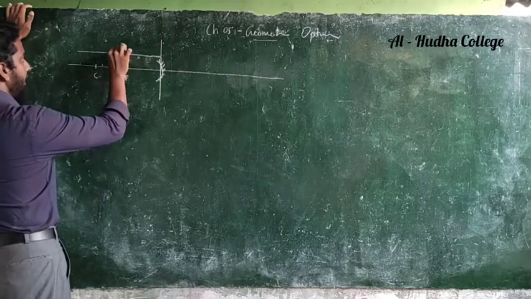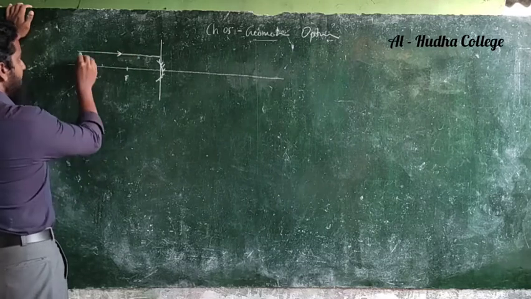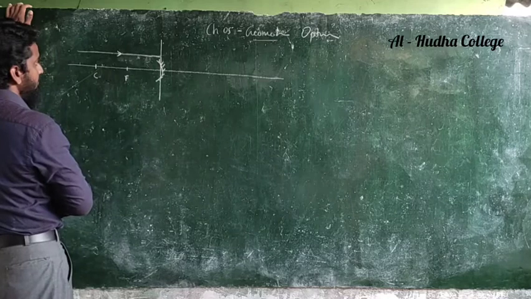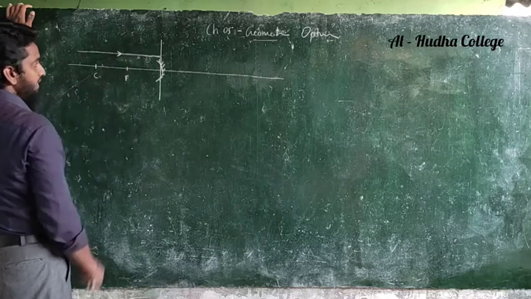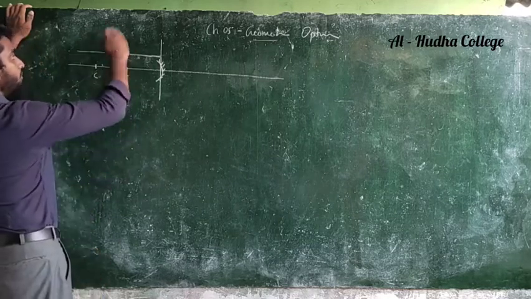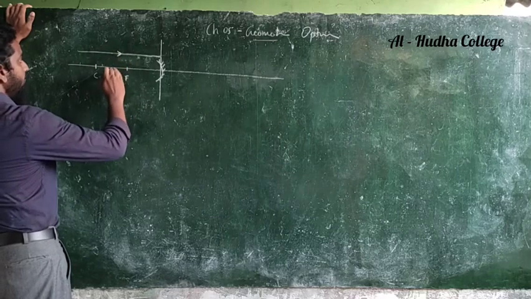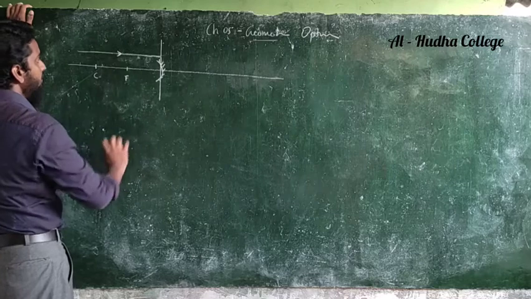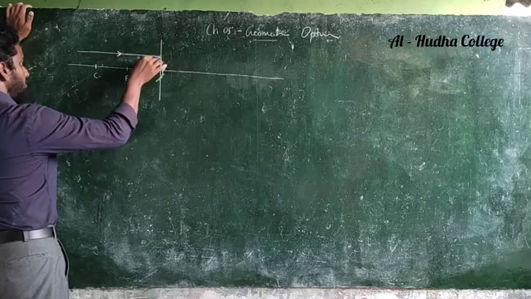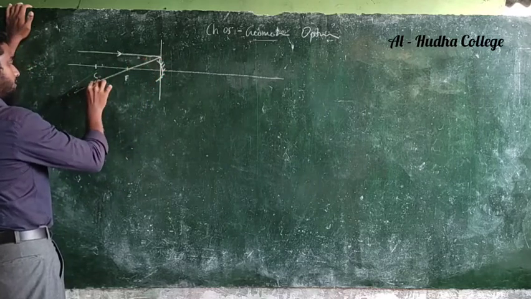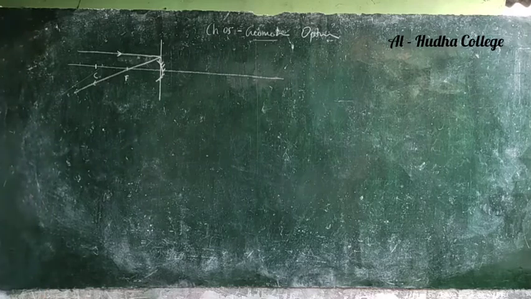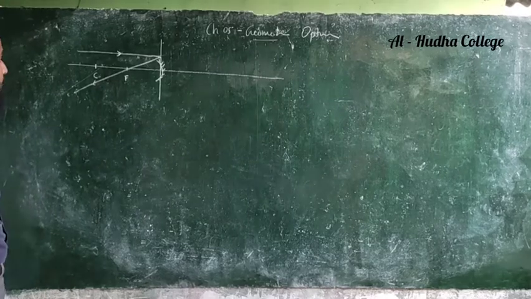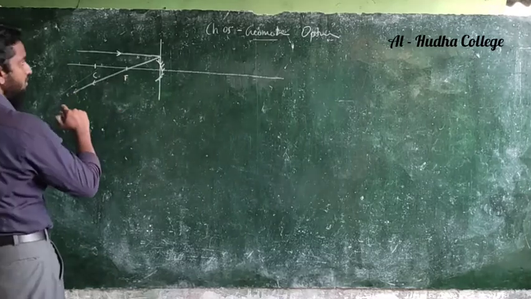A light ray which is coming parallel to the principal axis, and nearby the principal axis, not far away from it, always goes through the focus. That is the arrangement of the focus.